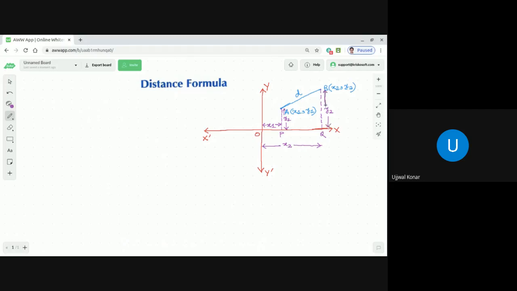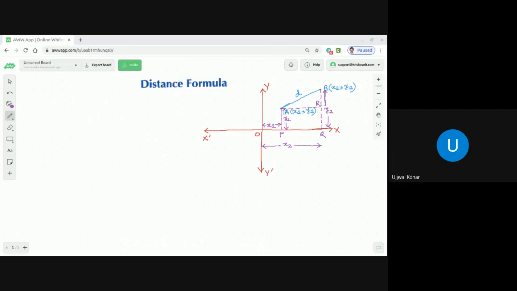Now we are going to do a construction. From the point A, we draw a perpendicular to the line BQ, and suppose this point is R.